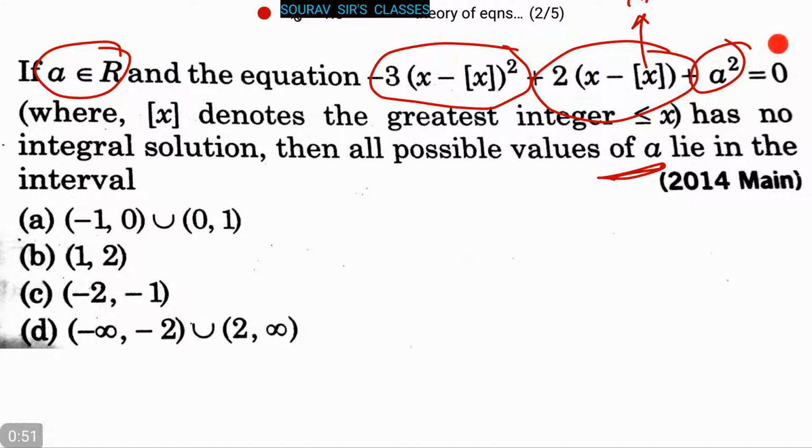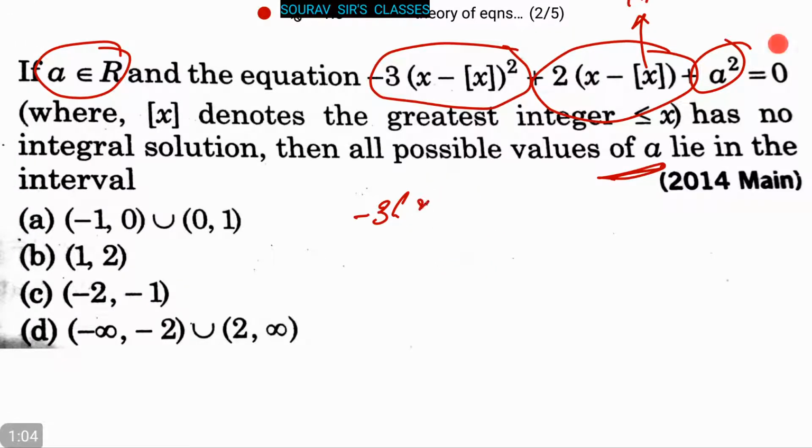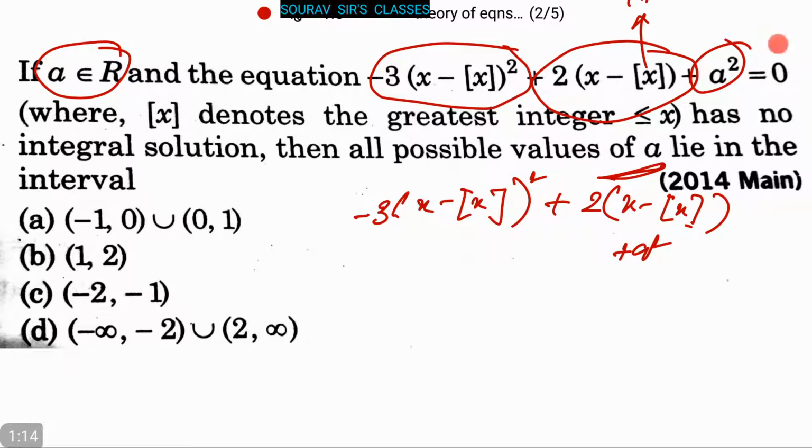So how do we go about this problem? We first write the equation minus 3 times (x minus [x]) squared plus 2 times (x minus [x]) plus a squared.